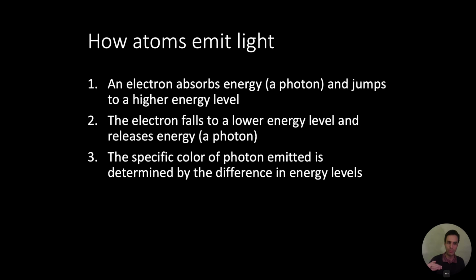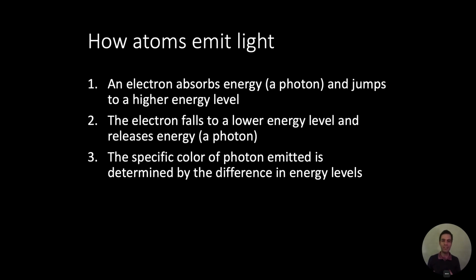My hand has to move through space, but the electron just jumps. And when it releases energy, it releases that energy in the form of a photon. So the electron absorbs energy and jumps up, and then releases energy and falls down. And part 3, the specific color of the photon that the electron emits is determined by the difference in energy levels.